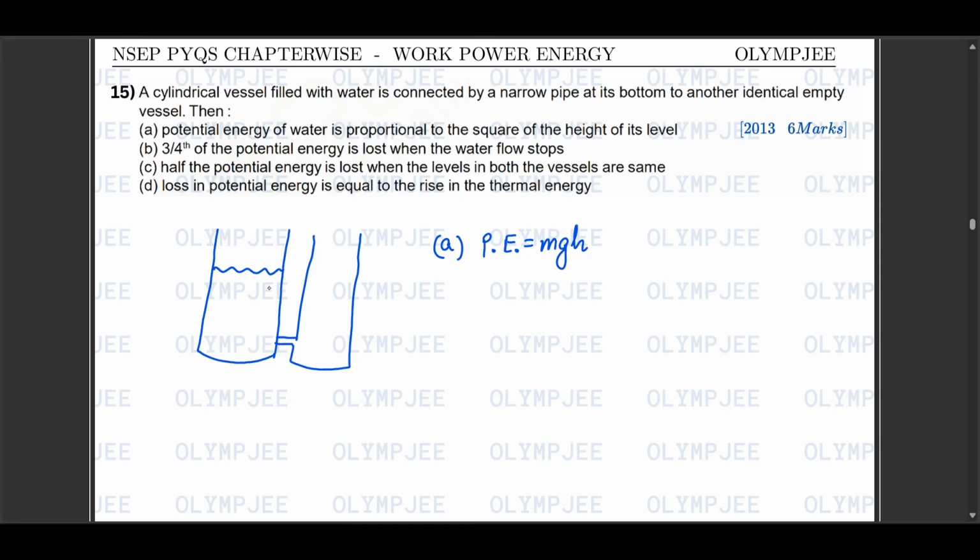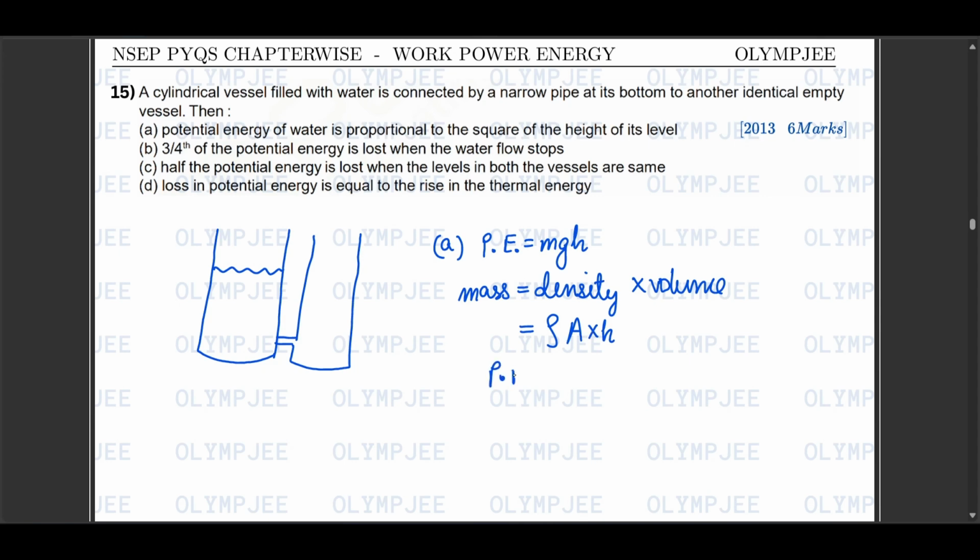So mass of this water is density into volume, right? Density is constant and volume is the area of the cross section multiplied by the height. So rho A h is the mass.